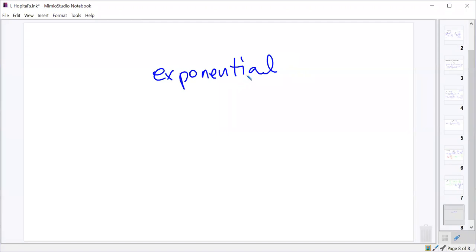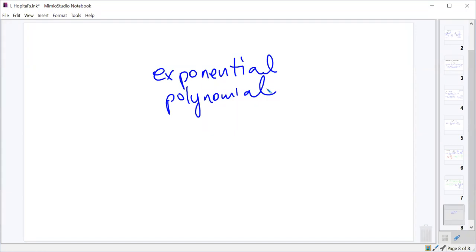Next fastest? Polynomials? Yep, polynomial functions, exactly. The higher the power of the polynomial, the faster it increases, right? X to the 100 is going to increase more quickly than x to the 5th.